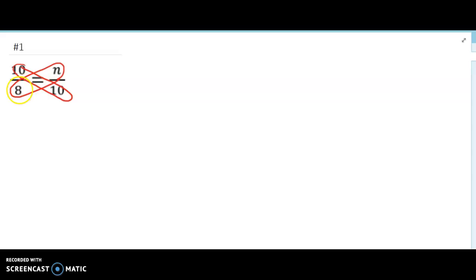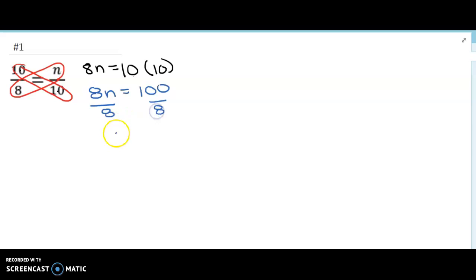Okay, so we're going to say 8 times n is just 8n equals 10 times 10. And I always like to put little circles around the opposites. 10 times 10 is 100. Simple algebra, divide by 8 on both sides. I get n equals 12.5.